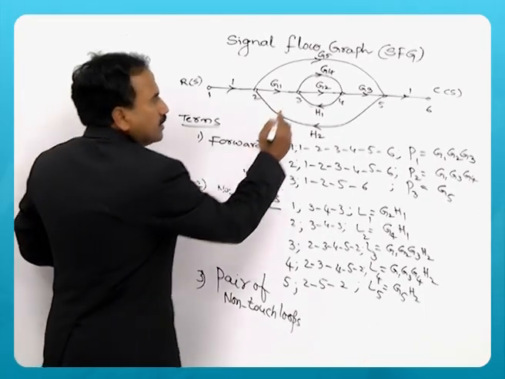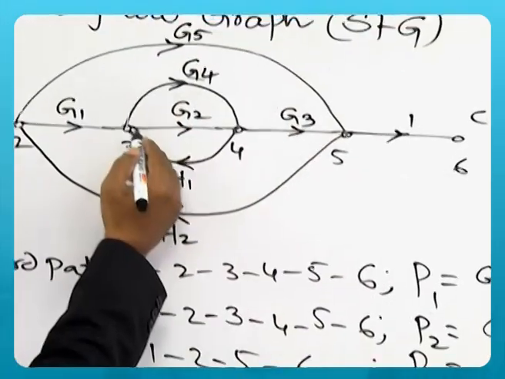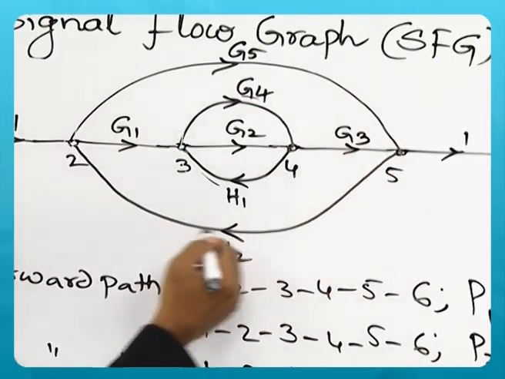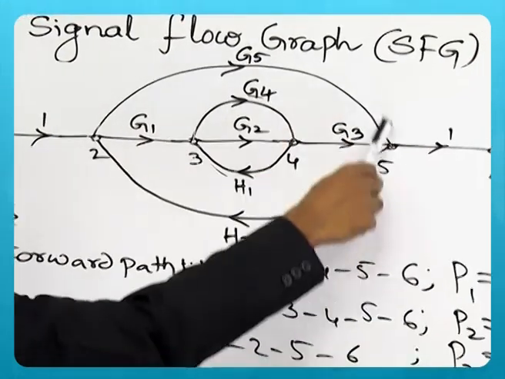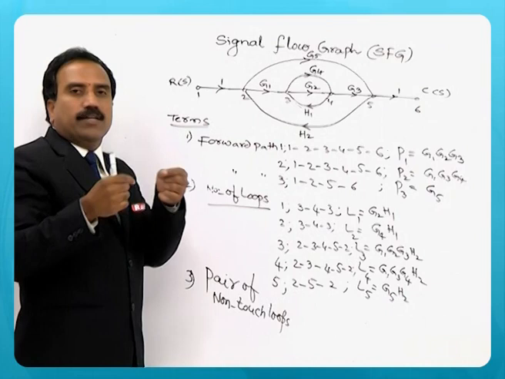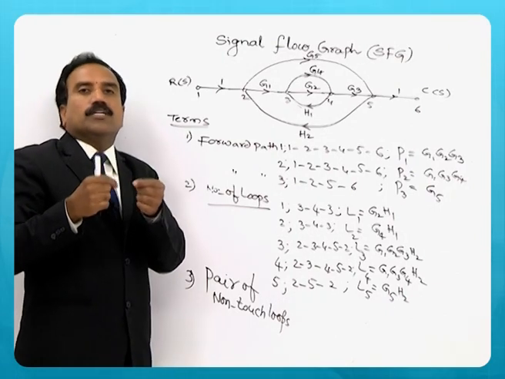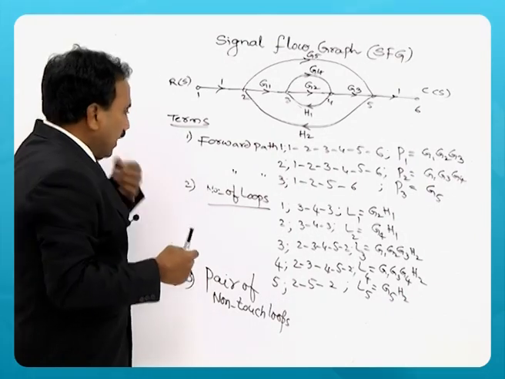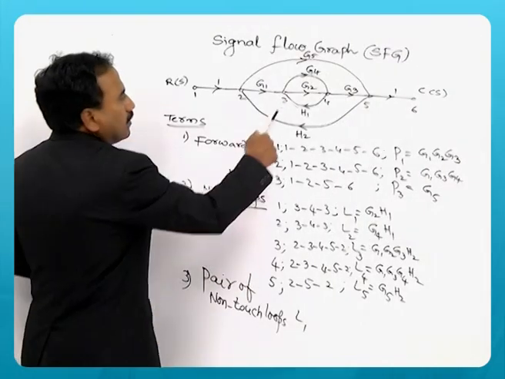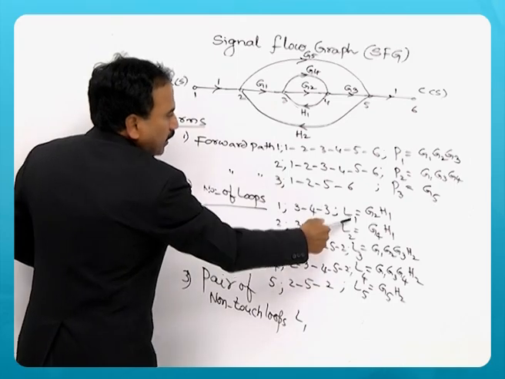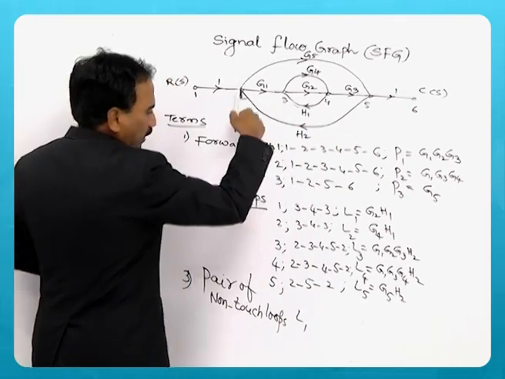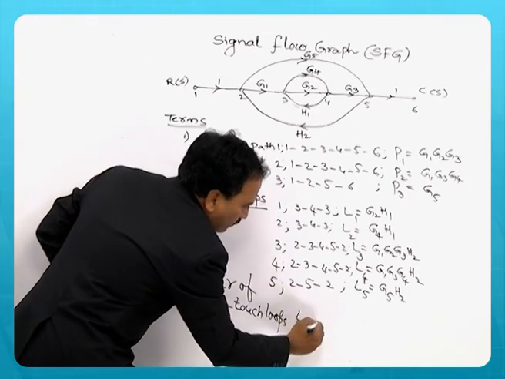So this 3, 4, 3 is the loop, it is not touching this 2, 5, 2. You can see that this is the loop and this is the loop. That pair is called a non-touch loop pair. So I can say here L1 is this one G2 H1, and then it is not touching this 2, 5, 2, that is L5.